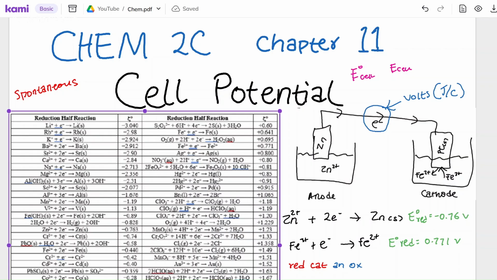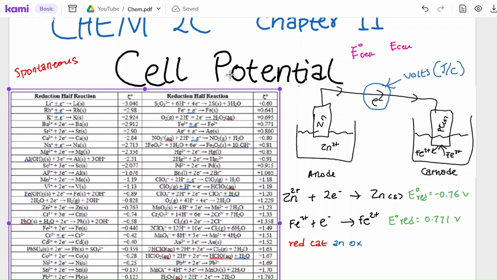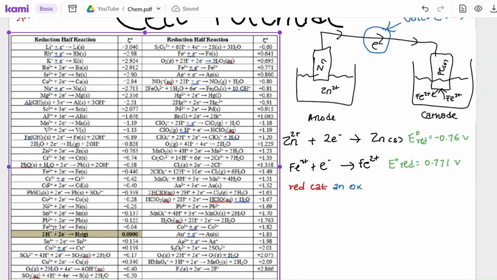In terms of how cell potential is measured, I'm not really sure how, but a while ago a bunch of chemists came together and they used the half reaction.